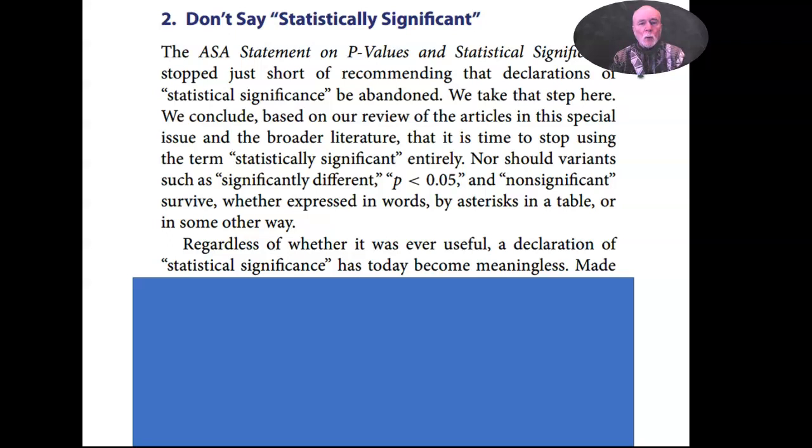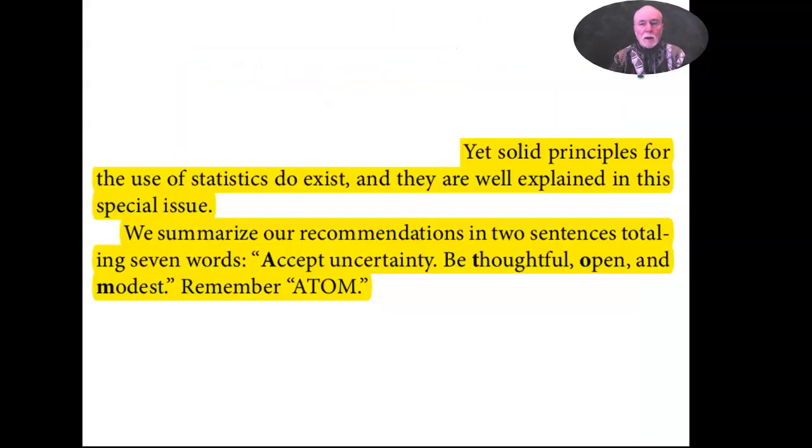They wrote, we conclude, based on our review of the articles in this issue and the broader literature, that it is time to stop using the term statistically significant entirely. Regardless of whether it was ever useful, a declaration of statistical significance has today become meaningless.